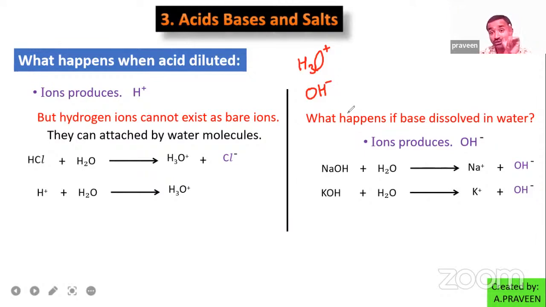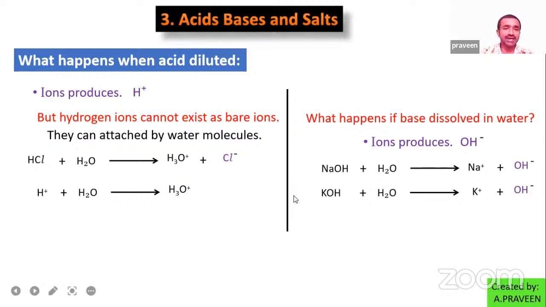This is according to Arrhenius theory. Arrhenius says the substance which can produce H+ or H3O+ ions in water is defined as an acid. The substances which can produce OH- ions in water are decided as bases. Right? So this is Arrhenius theory.